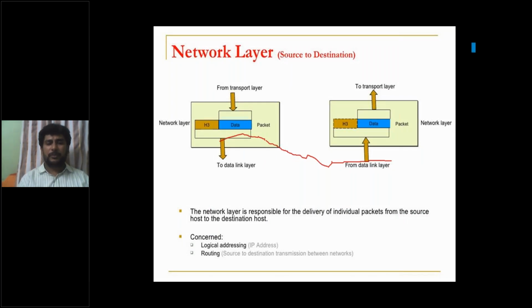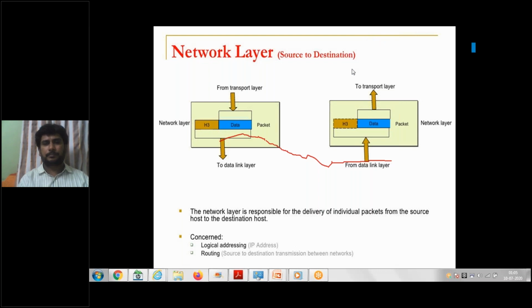So the major role performed by the network layer is routing of packets from source to destination. And how this routing of packets happens is, it uses one more address called the Internet Protocol address or logical address, which is also called the universal address. We'll talk about it in the coming slides.